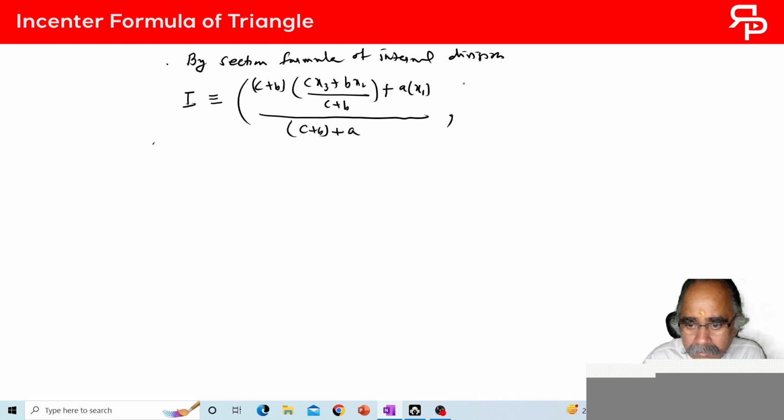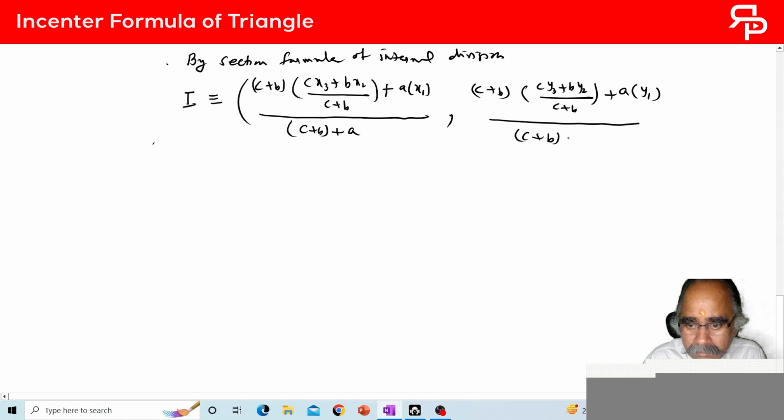Same way Y coordinate. First number of the ratio is C plus B, which is multiplied to Y coordinate of D, that is Cy3 plus By2 upon C plus B, plus second number of the ratio A, which is multiplied to Y coordinate of A, that is y1, divided by C plus B plus A. Therefore, I corresponds to, now C plus B will get cancelled.